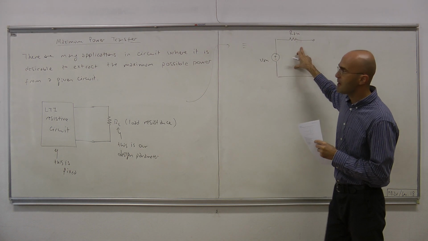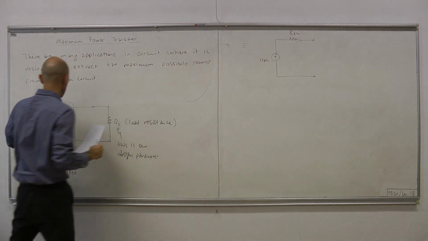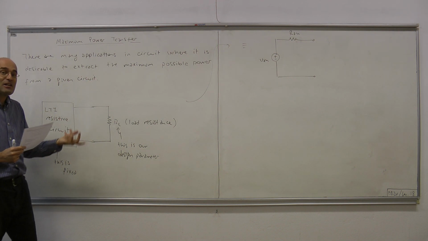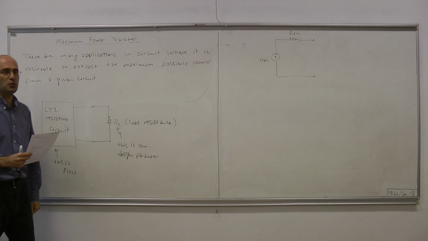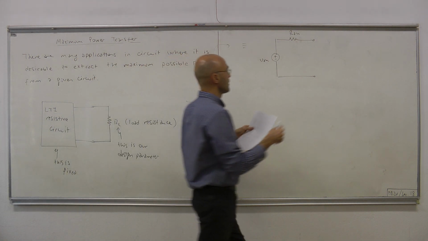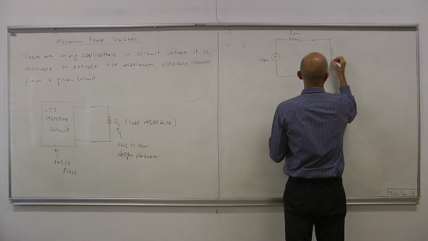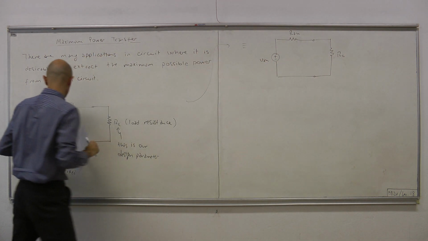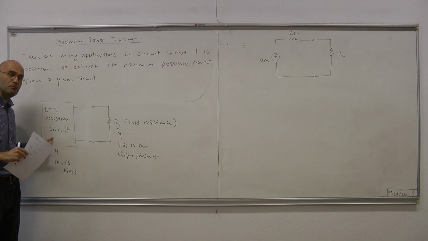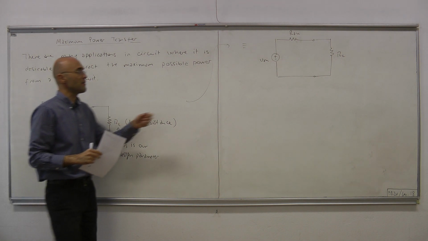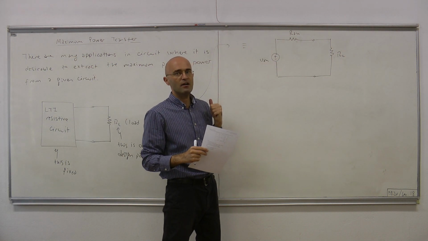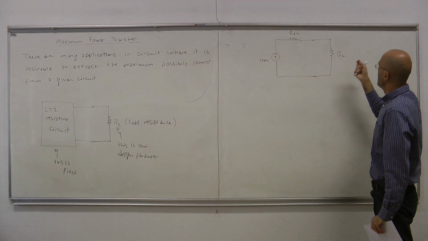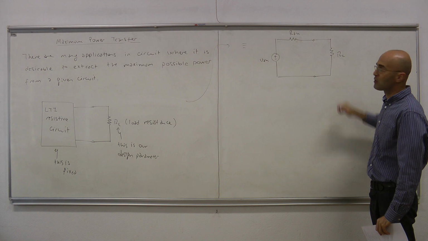This is the Thevenin equivalent of the LTI resistive circuit, seen by this load resistance, and to that we have connected the load. Since this larger circuit is fixed, V Thevenin and R Thevenin are fixed. We can do nothing about them. The only thing that we can play with is this load resistance.